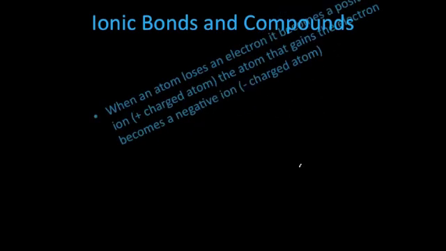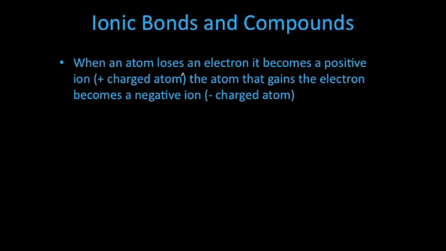Okay, ionic bonds and compounds. When an atom loses an electron, it becomes a positive ion. The atom that gains the electron becomes the negative ion. Okay, so atoms that lose electrons are metals, and atoms that gain electrons are nonmetals.